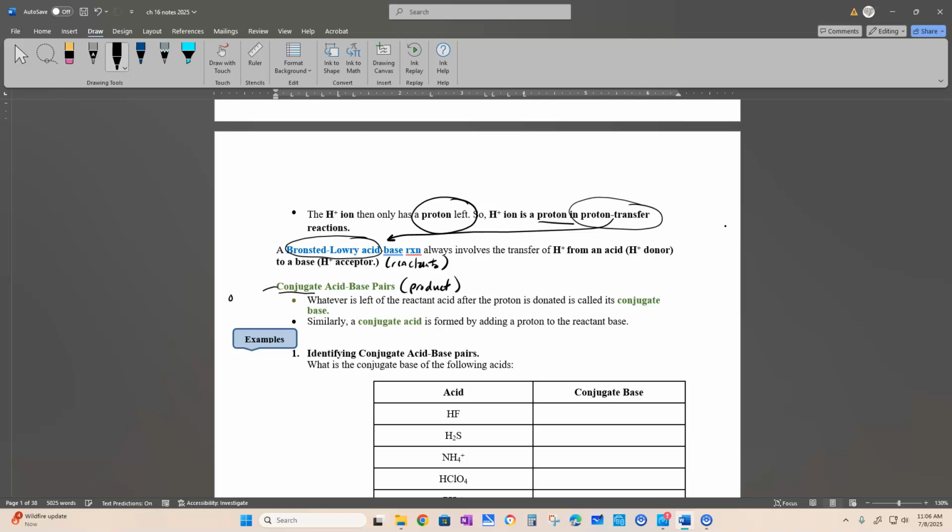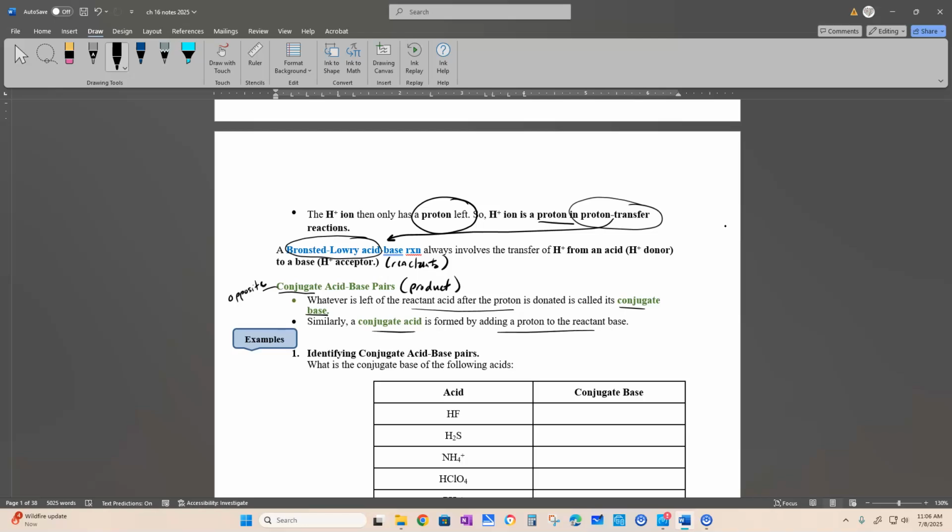Conjugates in chemistry mean the opposite, which means if you start with an acid, you're going to get a base. And if you start with a base, you're going to produce an acid. So whatever is left of the reactant after the proton is donated is called a conjugate base. And whatever is left over of the base after getting that proton is called a conjugate acid.